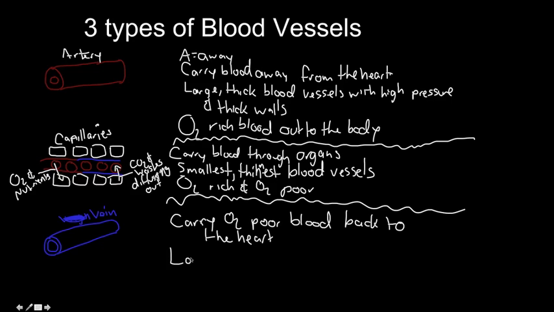These are large vessels with low pressure. And many have valves. So I'm going to go ahead and draw a valve in here. That would represent a valve. So a valve opens and closes, so this flap of tissue can open and close.